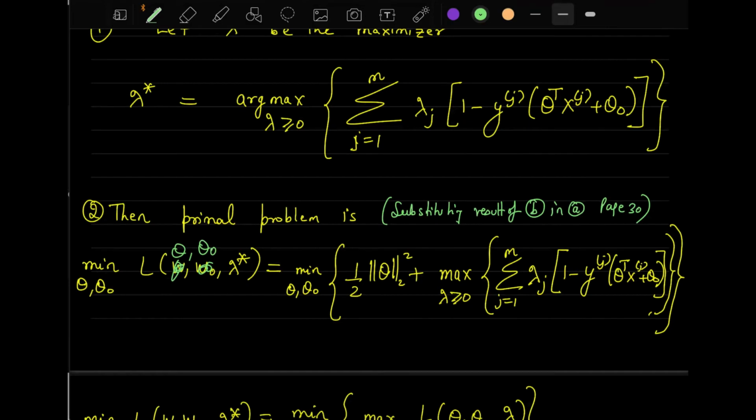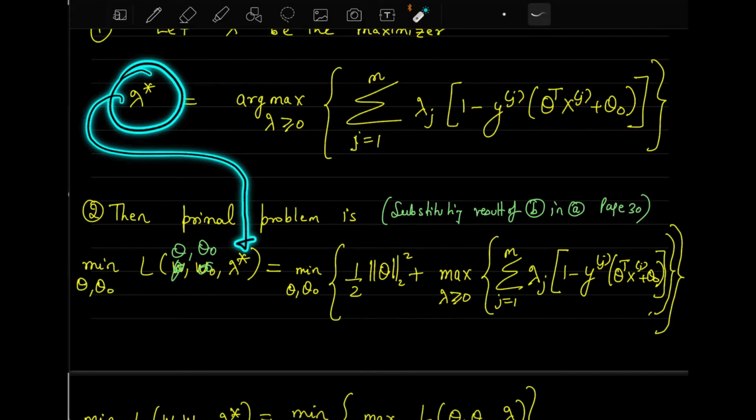You put the values of lambda star back into the original problem, the primal problem, so that you get theta and theta 0 as the output.